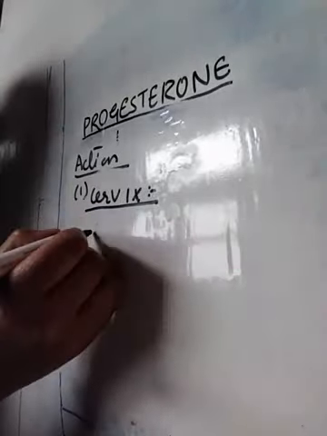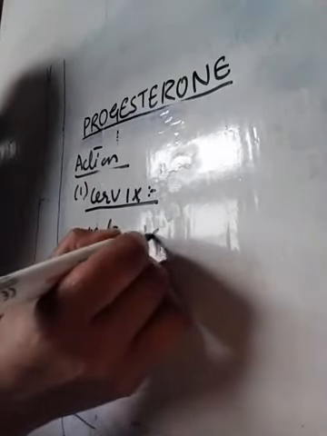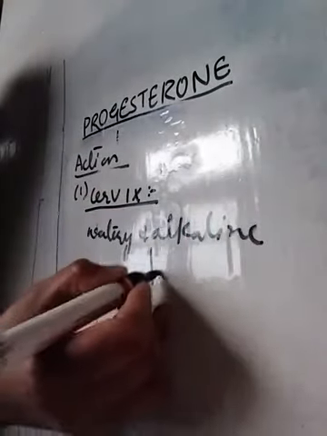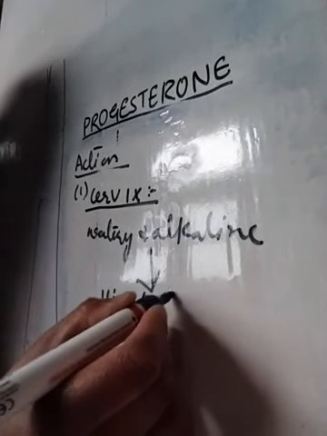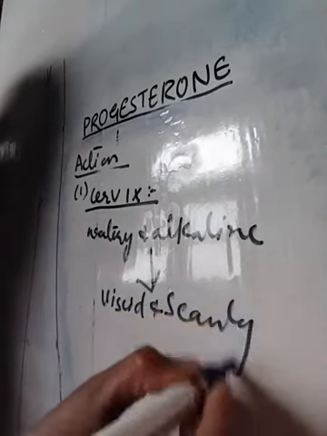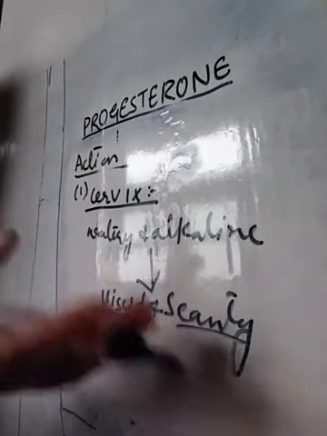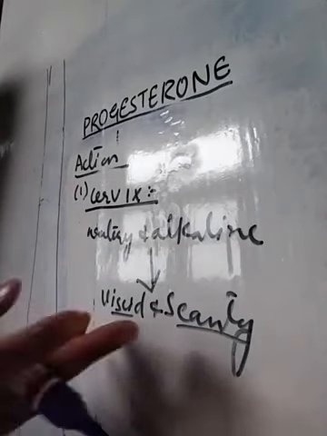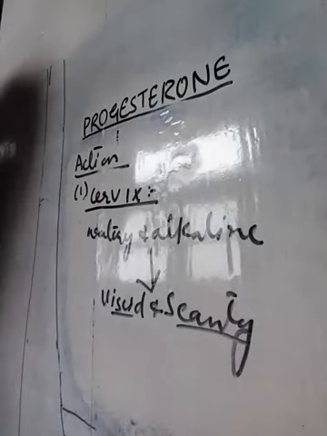The watery and alkaline secretions of the cervix get converted to viscid and scanty. These viscid and scanty secretions also facilitate the sperm to enter into the uterus. So these are the favorable conditions for the pregnancy.